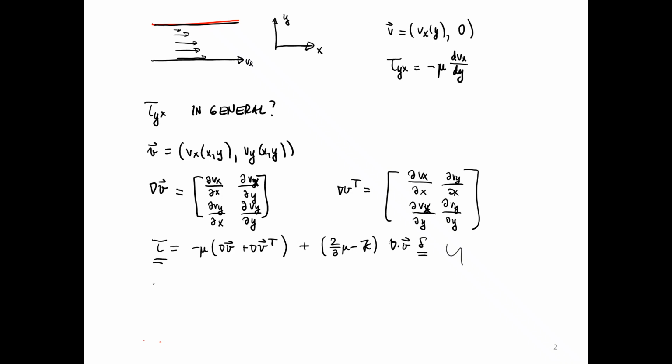So what is now my tau yx? It's minus mu. What is the yx element of the gradient? Which of these numbers is yx?